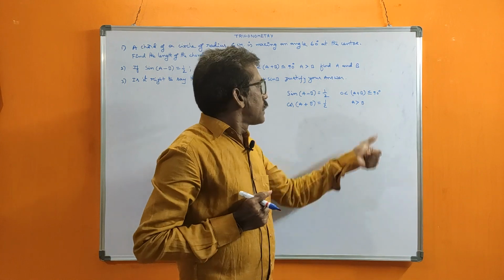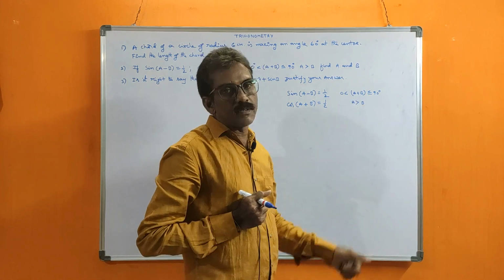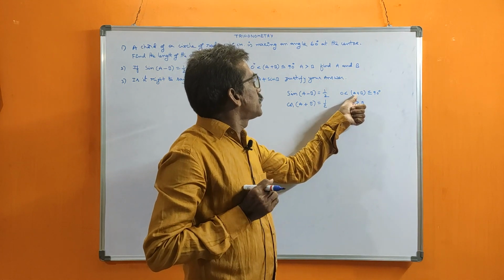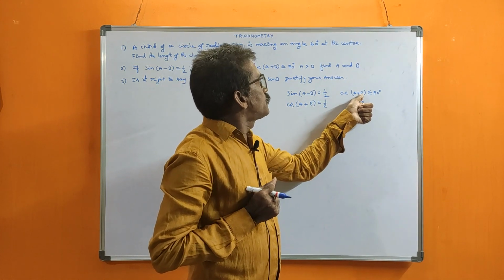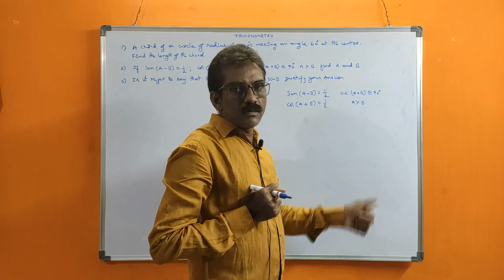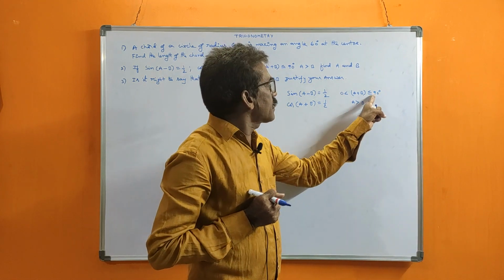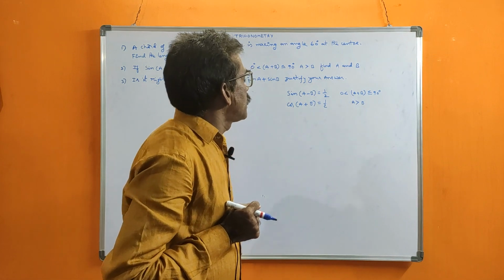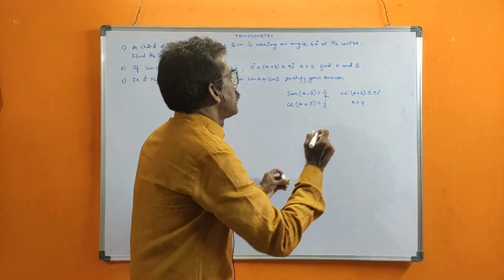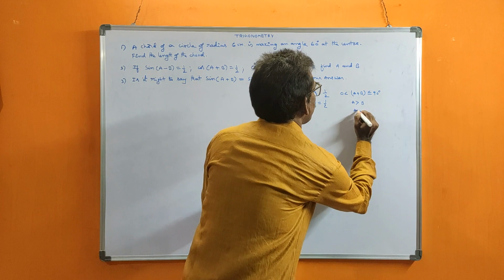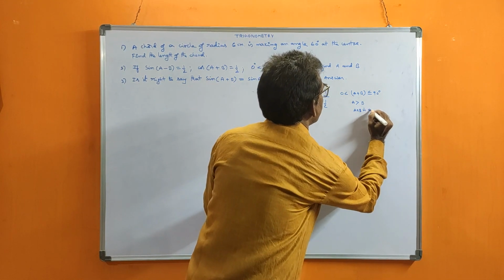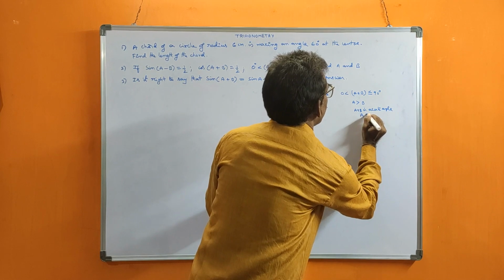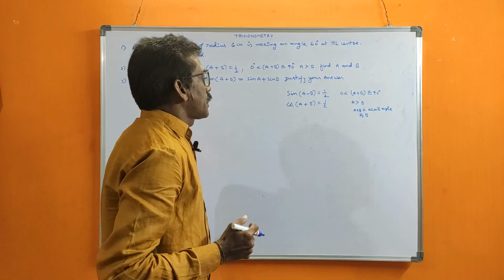It is less than or equal to 90 because if one angle is 0, suppose A is 0, then A plus B will be 90. Otherwise it is less than 90. Therefore A plus B, and A and B, are acute angles.